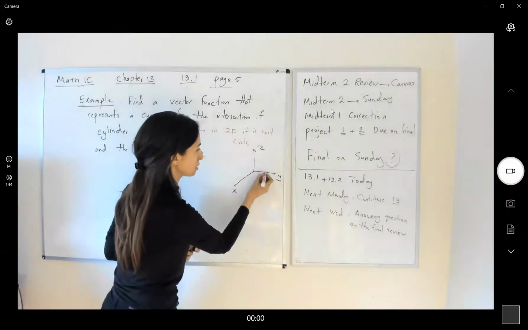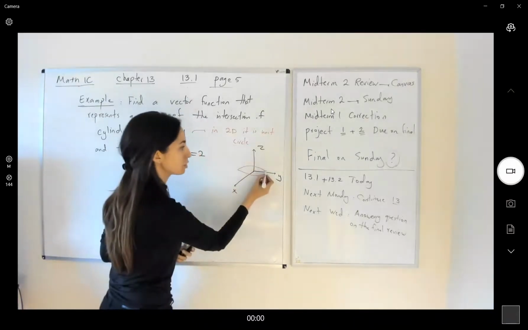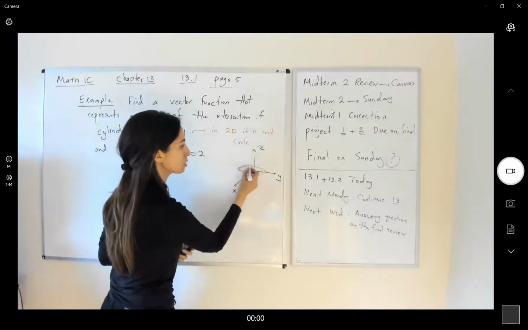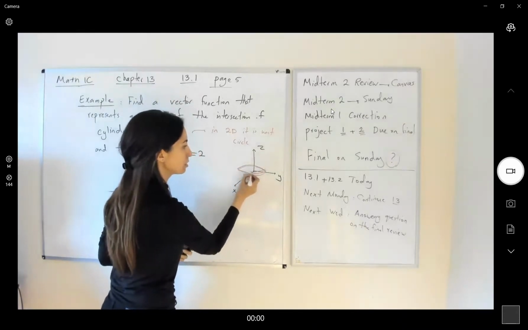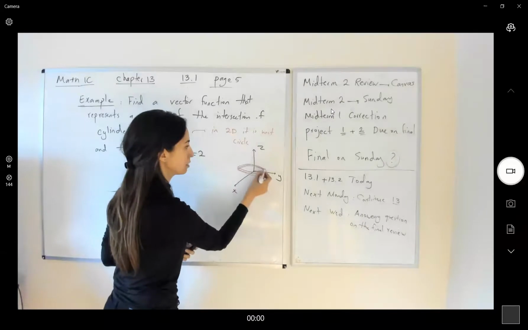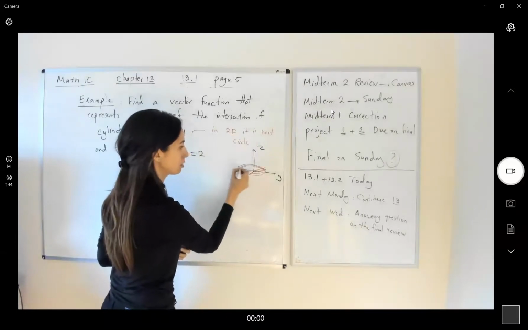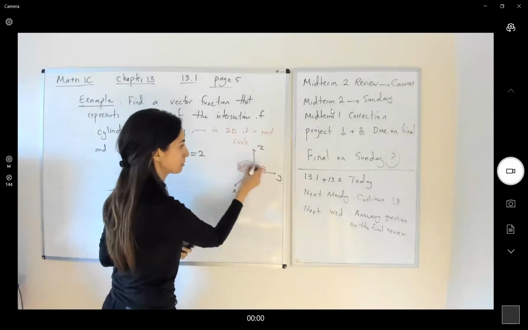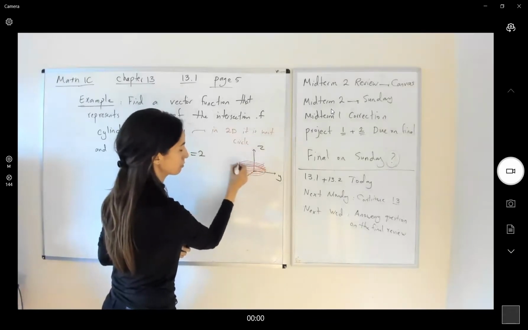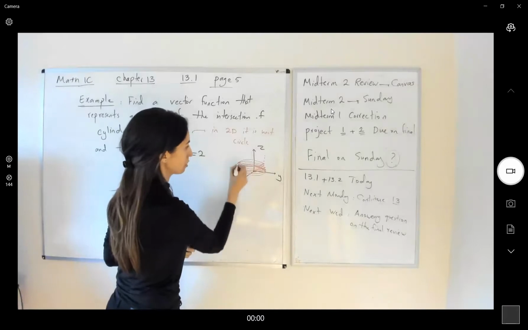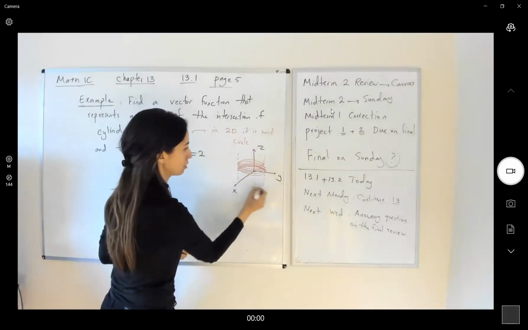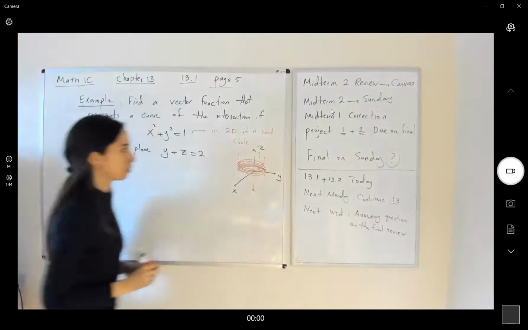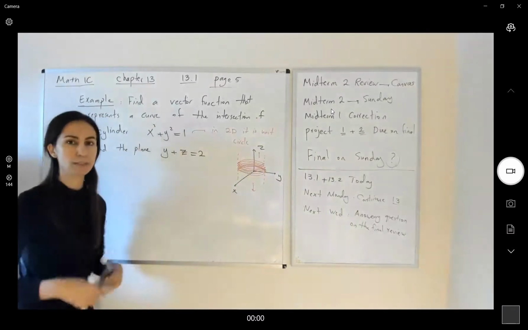Here you have your unit circle down here. Then you continue building the unit circle on top of each other, upward and down. Then you form a cylinder. So in three-dimensional space, you have a cylinder.